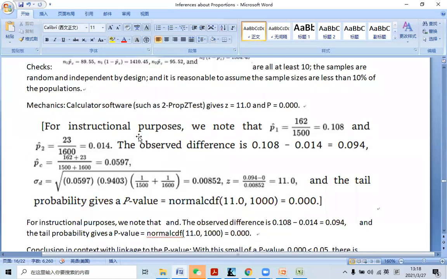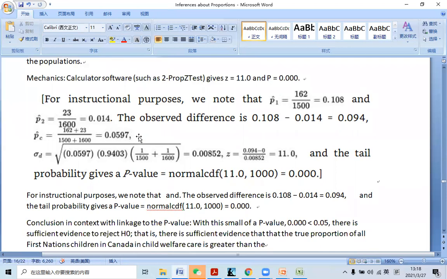And then you need to calculate the z-score. Proportion 1: out of 1,500 Aboriginal kids, 162 are in childcare. That's 10%, a little bit over 10%, 0.108.